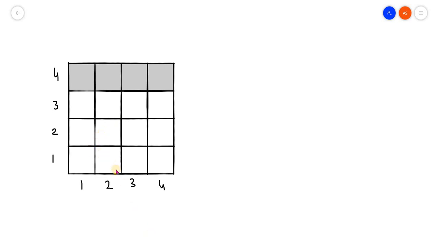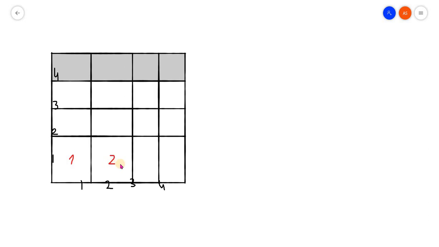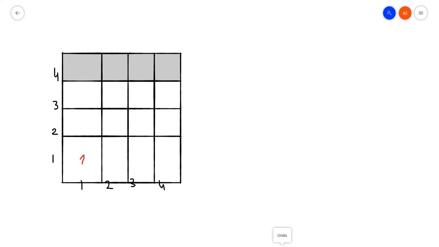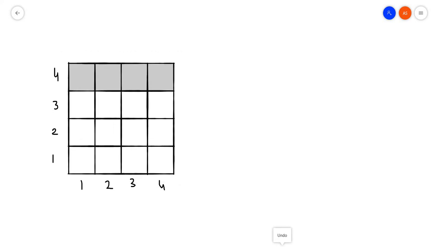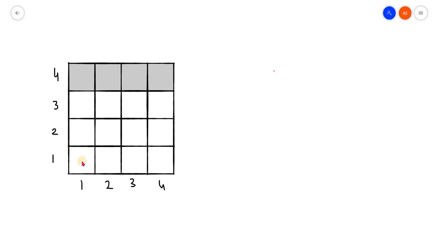So let's also number the nodes. This is node 1, 2, oh, this is not working well. I think I should disable it, and yes, now it should work.